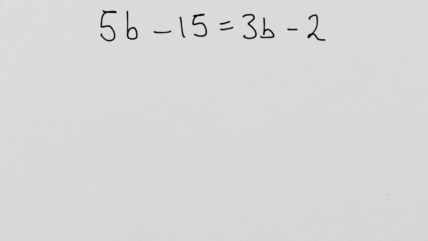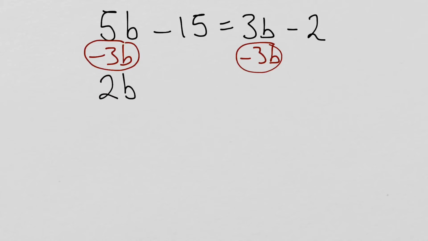Next one. So same thing, we need to get rid of one of the letters. So here's the smaller number of b's. So I'm going to take away the 3b straight away. Take away the 3b's. So I'm left with 2b minus 15, that stays the same. But on the other side this time, these two disappear, so I've just got minus 2 left. It's very important we keep the minus sign. Now same steps as before, we need to add 15 and then divide by 2.